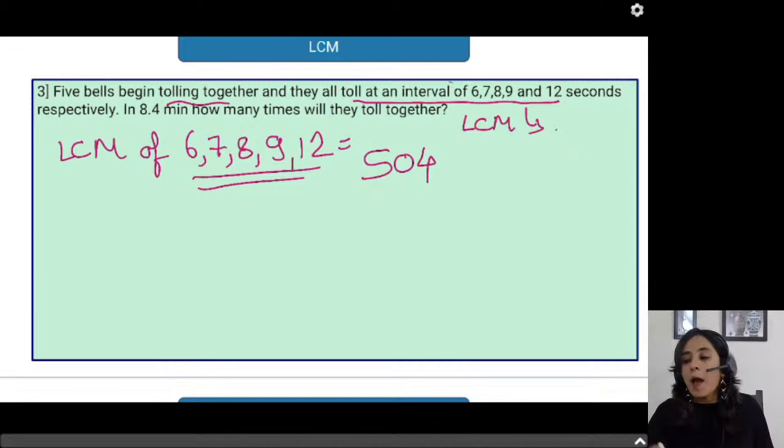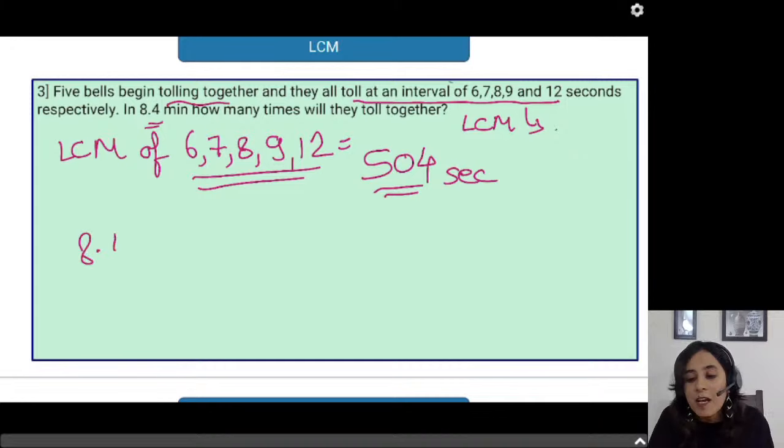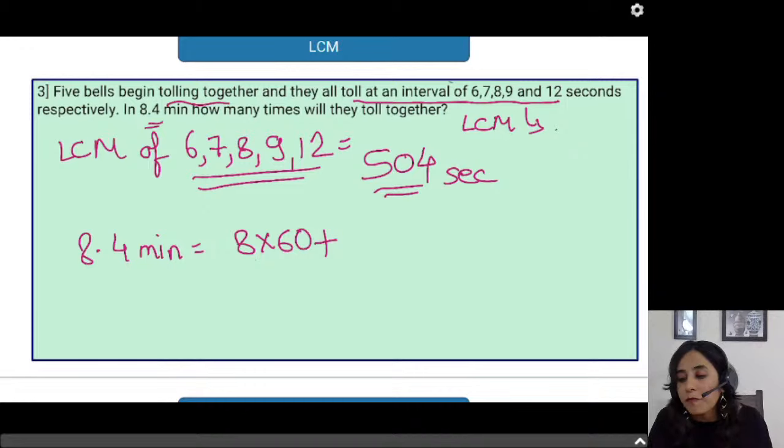But now I'm going ahead, assuming that you all know how to calculate LCM. So the LCM is 504 seconds, which means that all the five bells together will toll after 504 seconds. Now, how many seconds do we have in 8.4 minutes? 8.4 minutes is 8 into 60 plus 0.4 into 60.